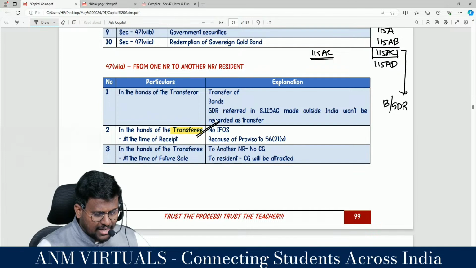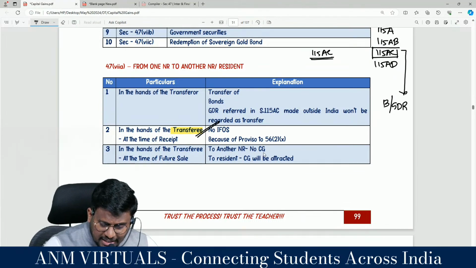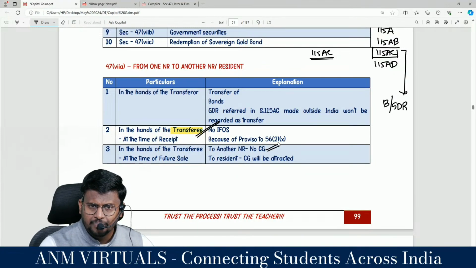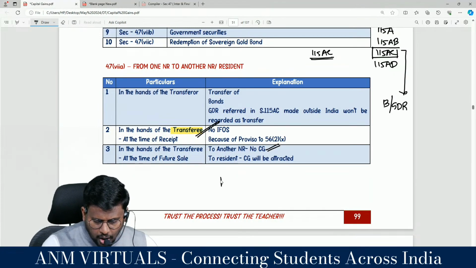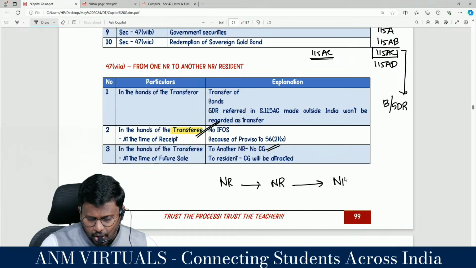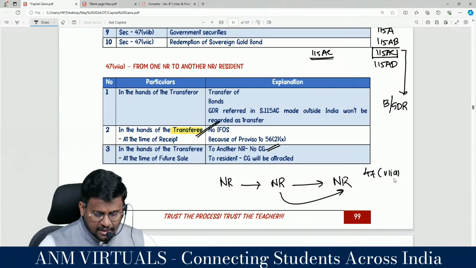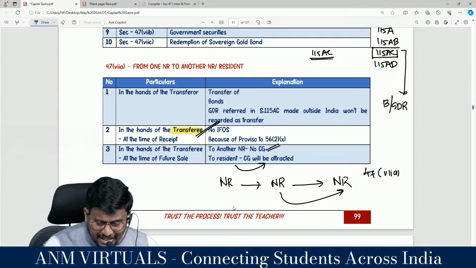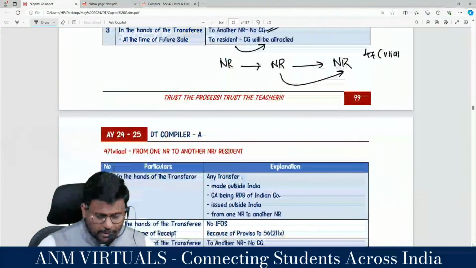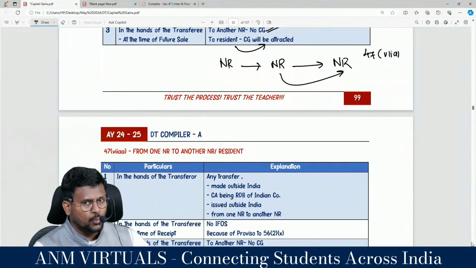If the recipient non-resident transfers to another non-resident, 47 clause 7A will again be applicable. But if transferred to a resident, capital gain will be attracted.